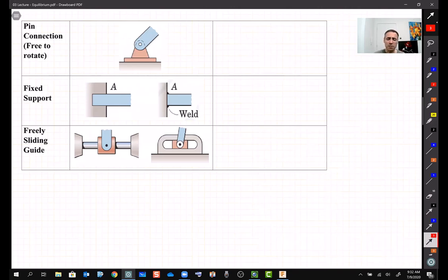So the next one, which is very, very common, is a pin support or joint support. People call it pin or joint or simple connection. So there are a variety of names which you're going to see as we go further and further. What it is, in fact, is a joint. It's more like your door hinge, right?